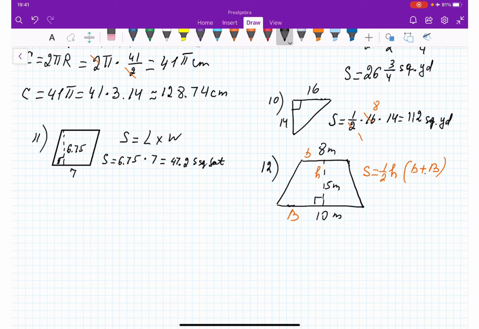So we have S is equal to 1/2 times h is 5 times 8 plus 10, lowercase b plus uppercase B. So from here, S is equal, this is 2 here, 5 times 18. So this is gone, this is 9, and that is going to be 45 meters squared. Okay?